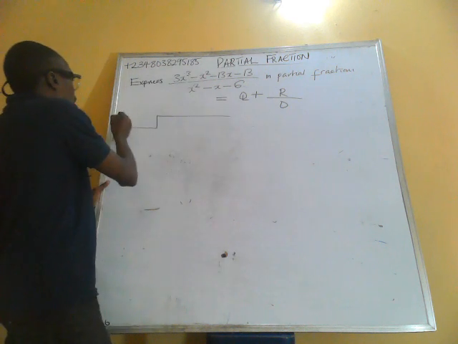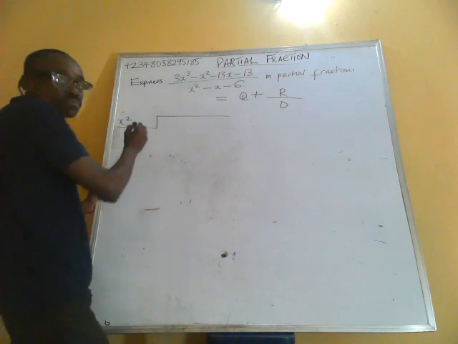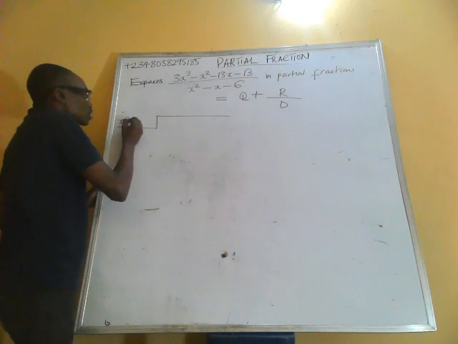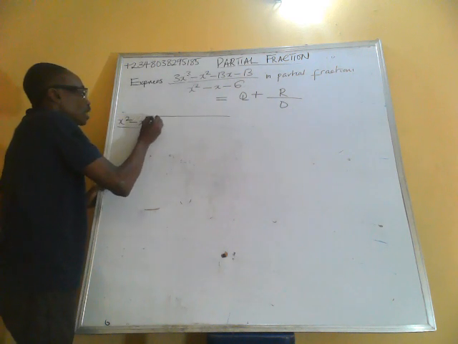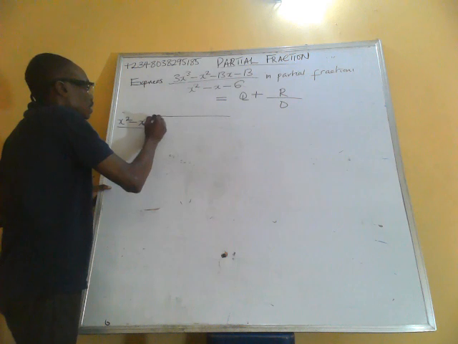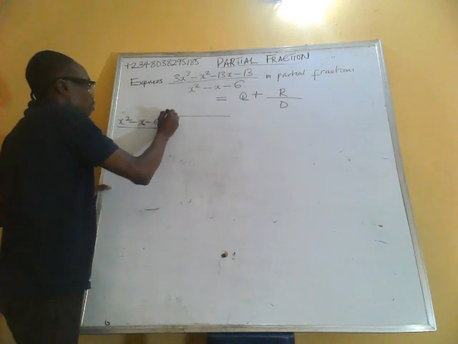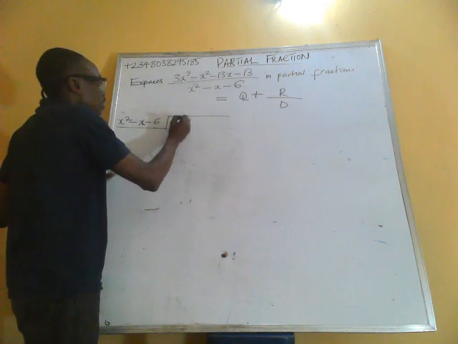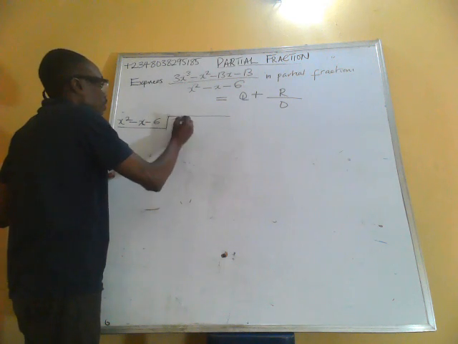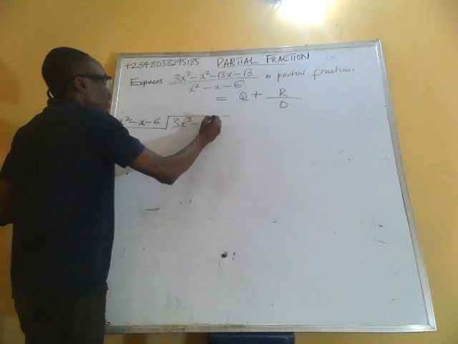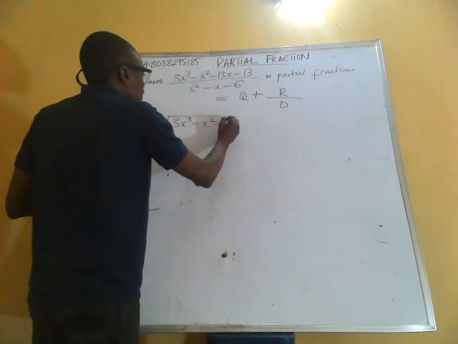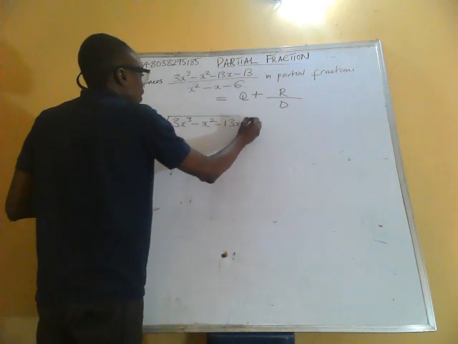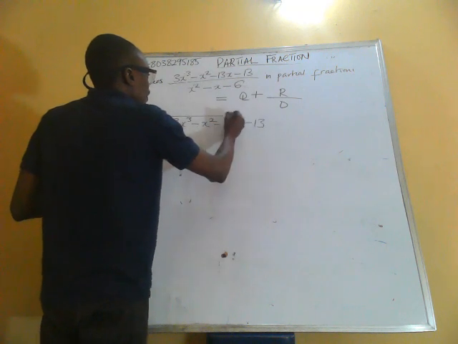We have x squared minus x minus 6, then we have 3x raised to the power 3 minus x squared minus 13x minus 13.